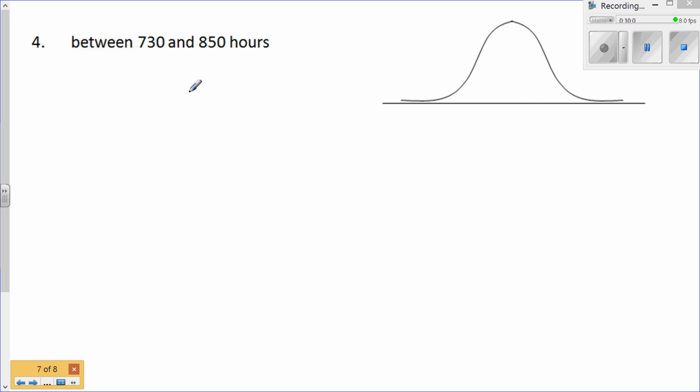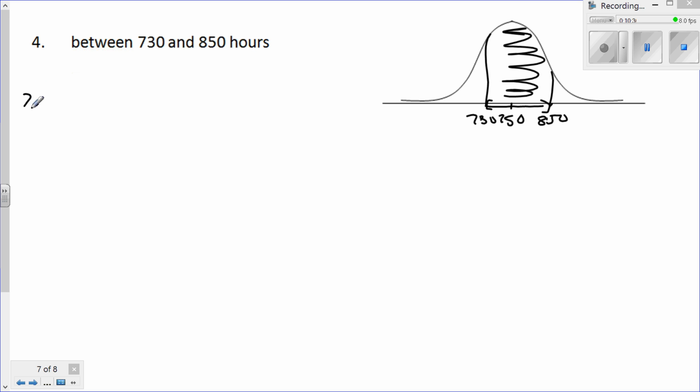The next one is the probability of being between 730 and 850. Again, strictly speaking, drawing the graphs isn't required. It's just so easy to make a silly mistake if you don't take a few seconds to do it. Okay, so the probability of being in this interval is represented by this area.